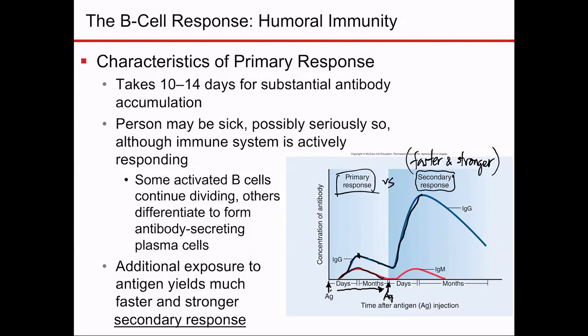And every time that encounter happens again, at the very beginning, because there are some naive cells that are also being activated during the second encounter, some IgM is going to be produced, but then they will switch quickly to the production of IgG in this particular case. It looks like a T-dependent antigen.